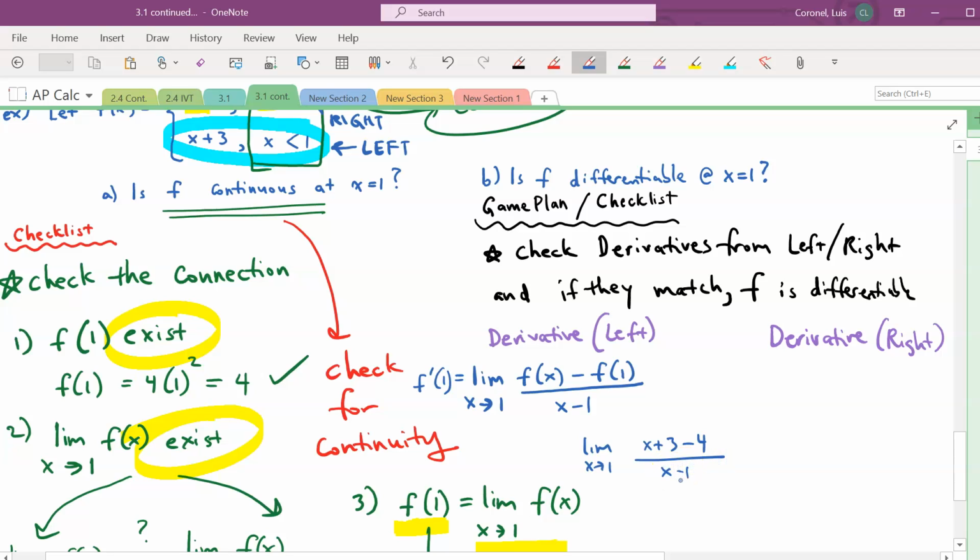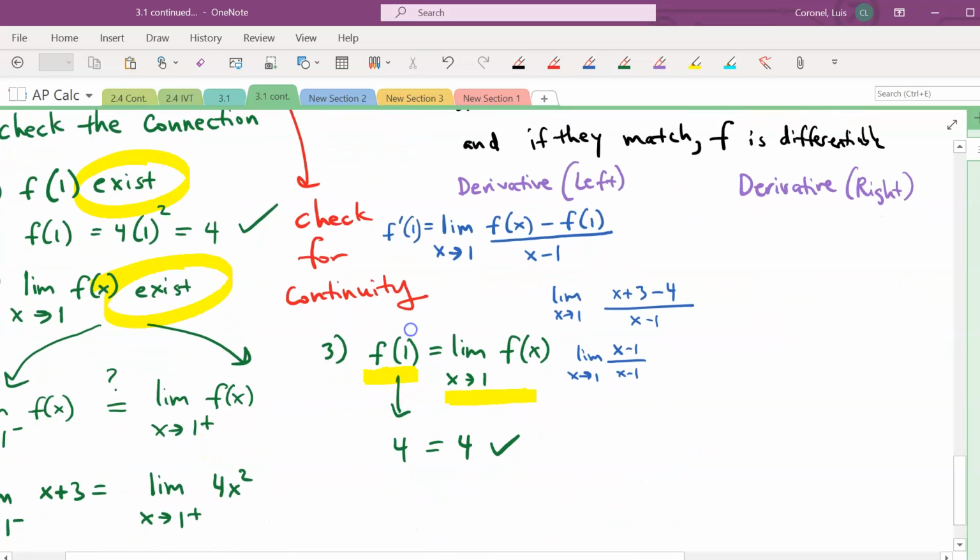At this point, you can simplify: x minus 1 over x minus 1, the limit as x approaches 1. You could cancel the x minus 1 and the x minus 1, and you get 1. So this becomes 1. That's the derivative from the left.